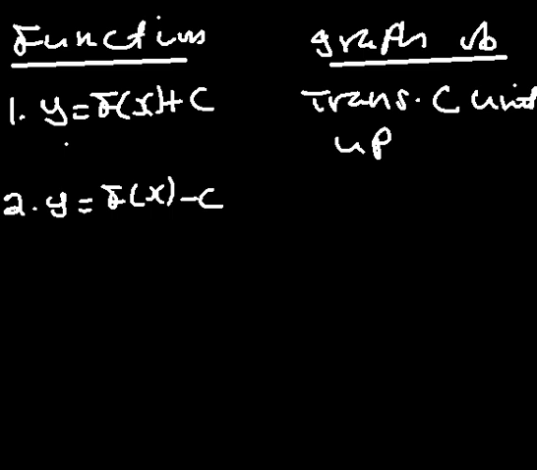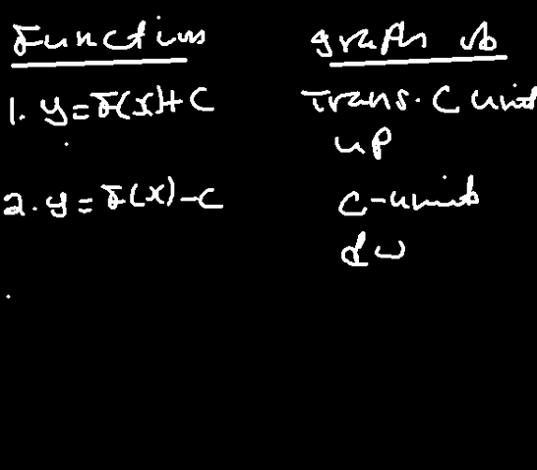We have c which is alone, and that is negative, so the graph has to be translated c units vertically downwards. From the origin, the graph goes down c units. That's what it means.